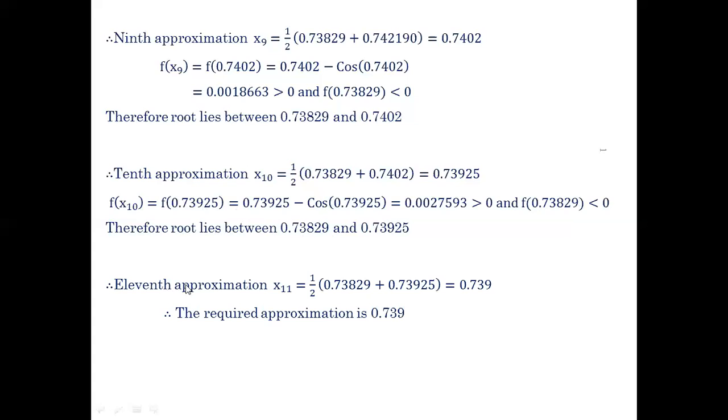Therefore, the eleventh approximation x11 equals 1/2 into 0.73829 plus 0.73925, which is equal to 0.739. You can see that the 10th and 11th approximations are similar up to three decimal digits, so we stop. Therefore, the required approximation to three decimal places is 0.739.